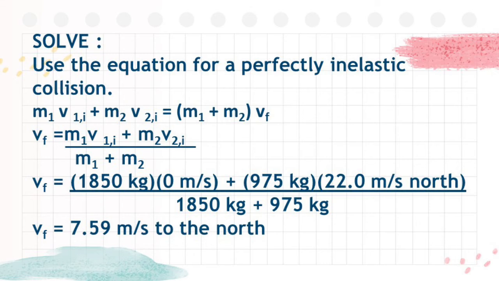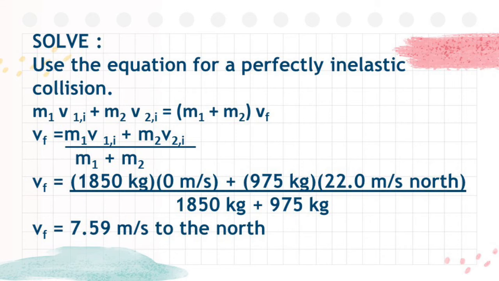Mass of the first object, m1, times the initial velocity of the first object, v1i, plus the mass of the second object, m2, times the initial velocity of the second object, v2i, is equal to the combined mass of the two objects, m1 plus m2, times the final velocity.